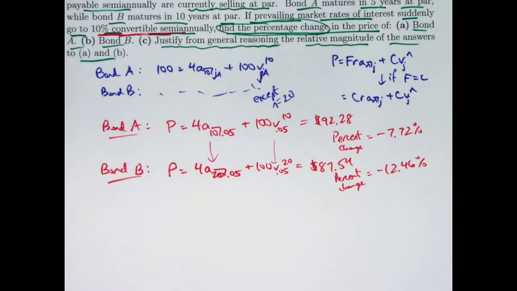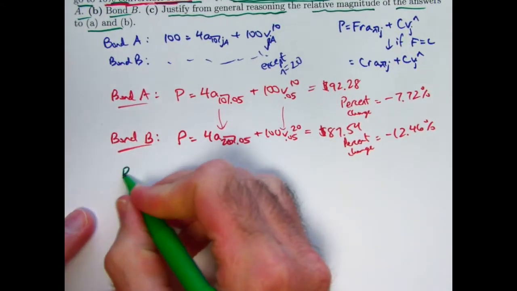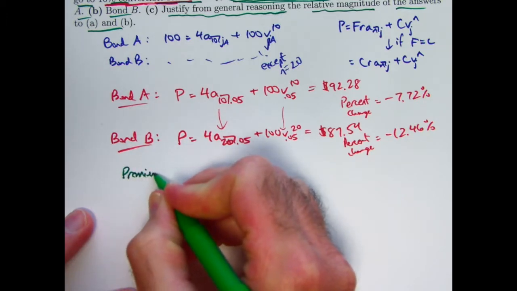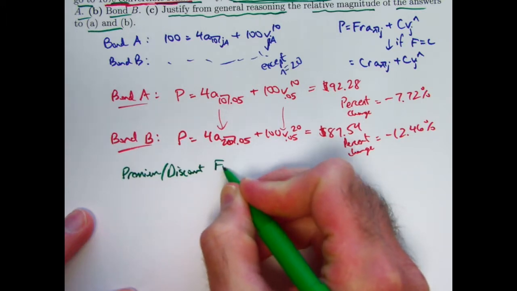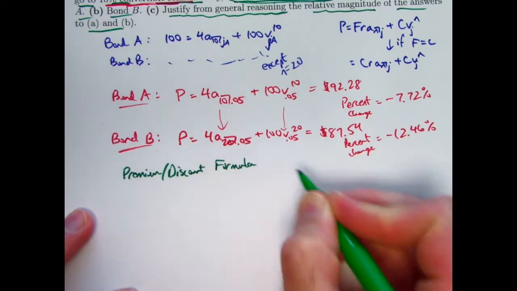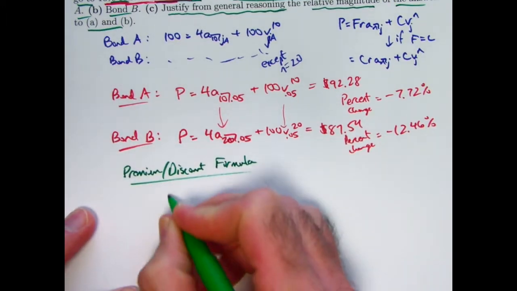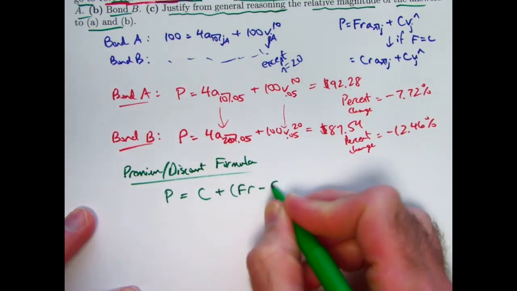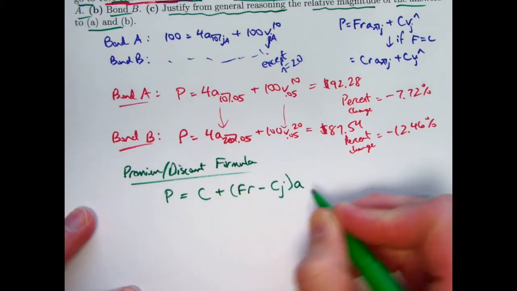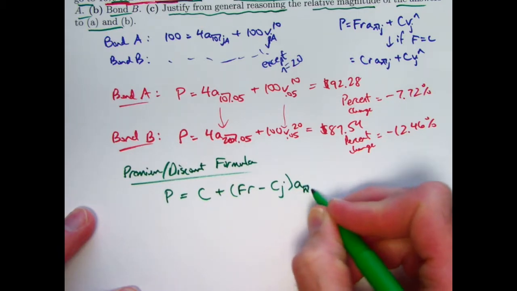All right, let's spend a few minutes now also talking about how to think about this through the premium discount formula, the premium/discount formula that I introduced in the last video, video number 101. It's a formula that looks like this for the price of your bond.